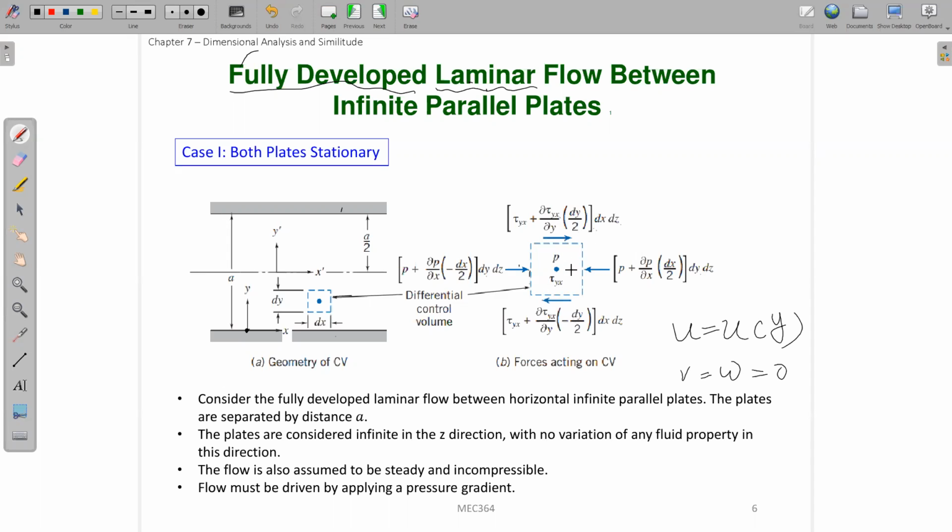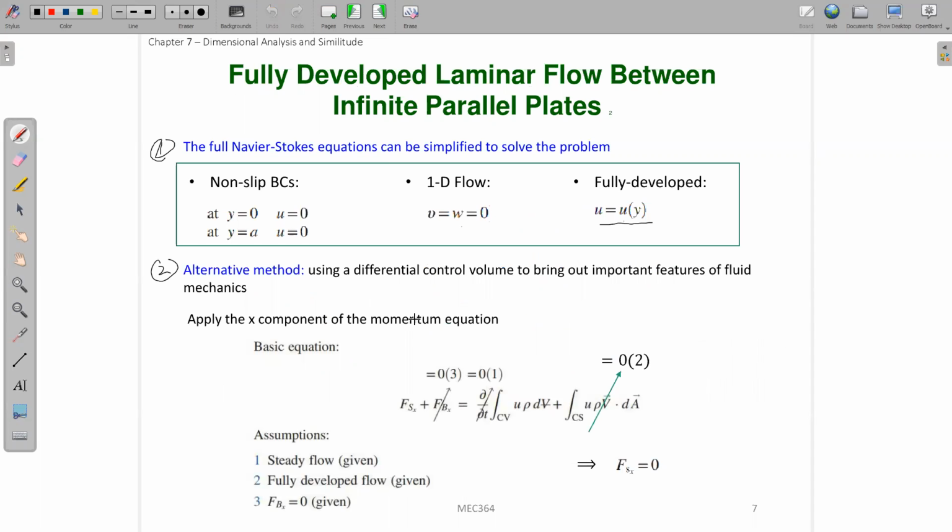Okay, so we have all these forces here. Let's take a look at the x momentum equation for this control volume. So this is the surface force, and this is the body force. Let's assume that the body force is neglected, so we neglect the effects of gravity.